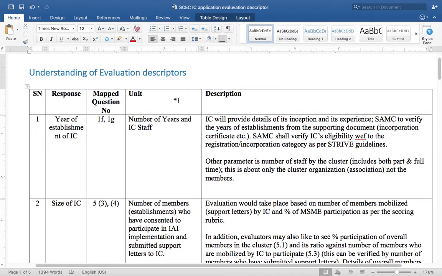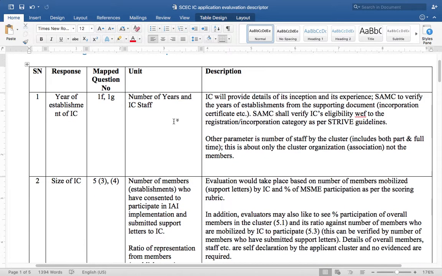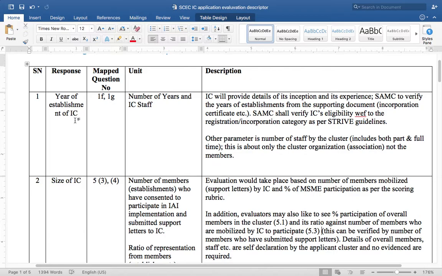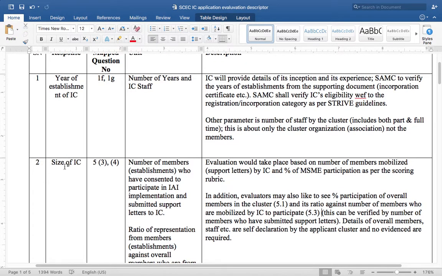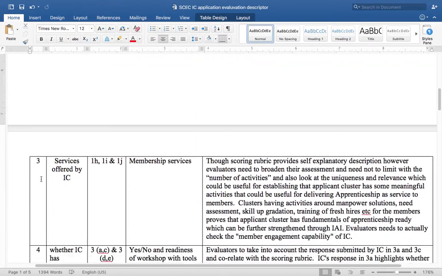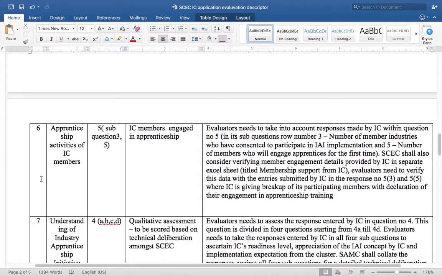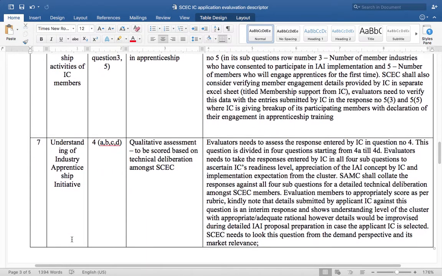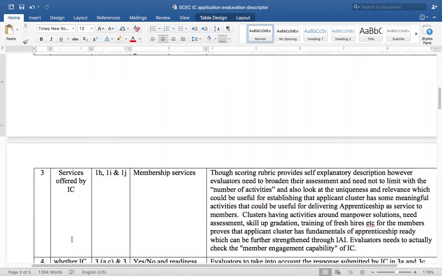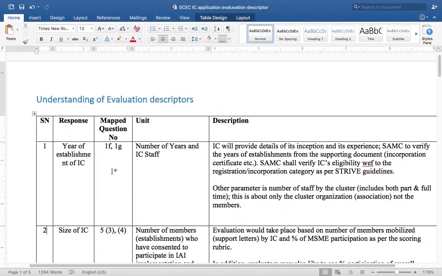Here, this is the evaluation descriptors sheet. It covers all the 7 evaluation categories, from question number 1, 2, services offered by IC, 4, 5, 6, and understanding of industry 7. All the 7 evaluation categories are mentioned here, and we have mapped question 1F, 1G.